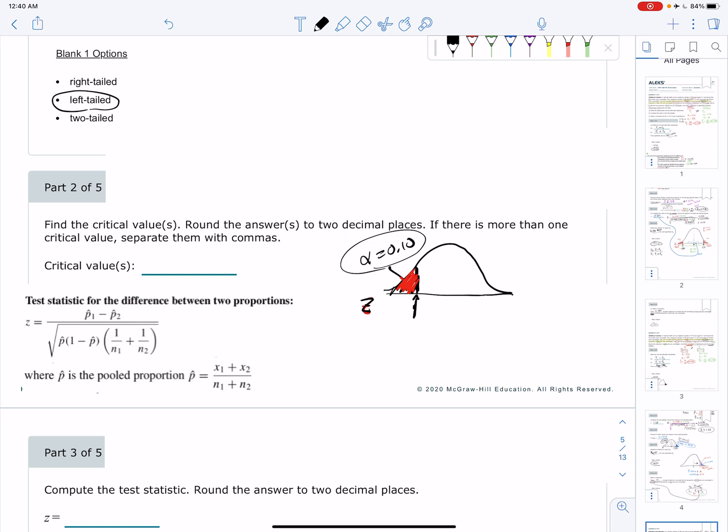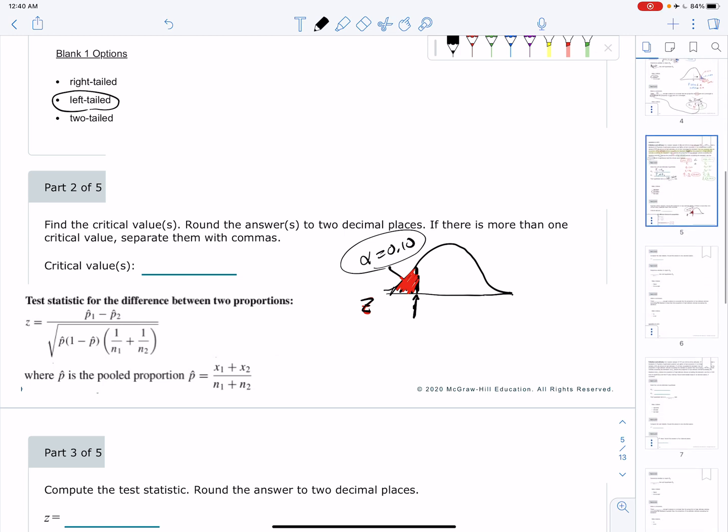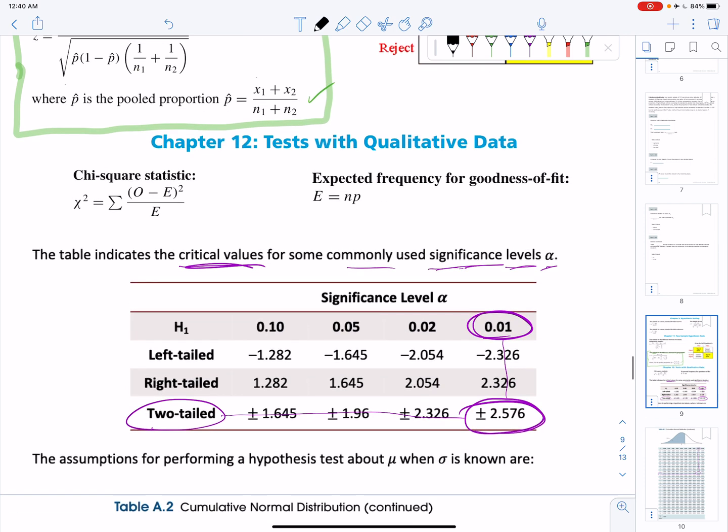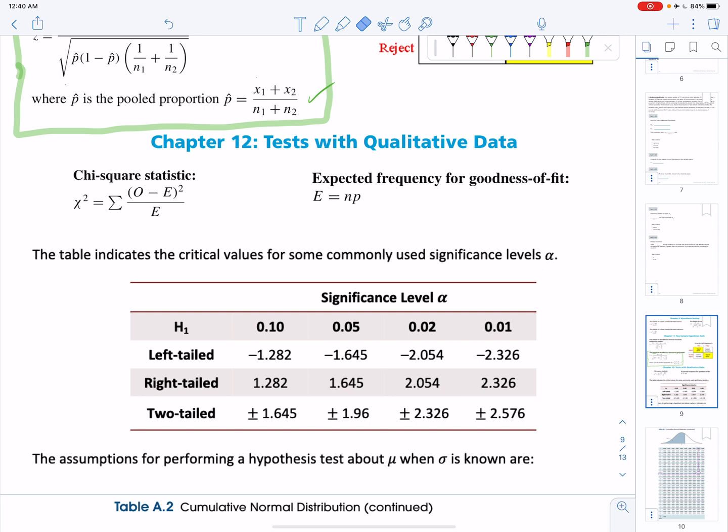So then we go to our formula sheet, and it says that for an alpha level of 10%, or 0.10, and a left-tailed test, there's our critical value, negative 1.282. And I think they want 2 decimals, so negative 1.28.